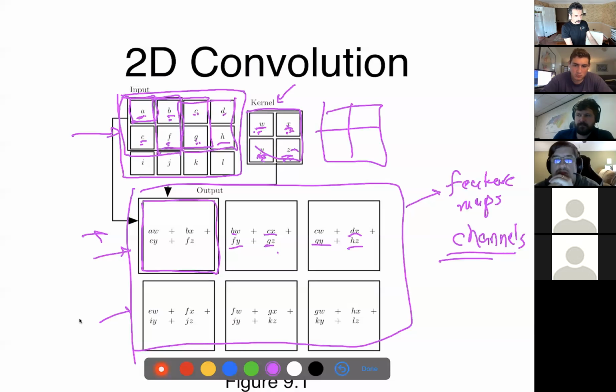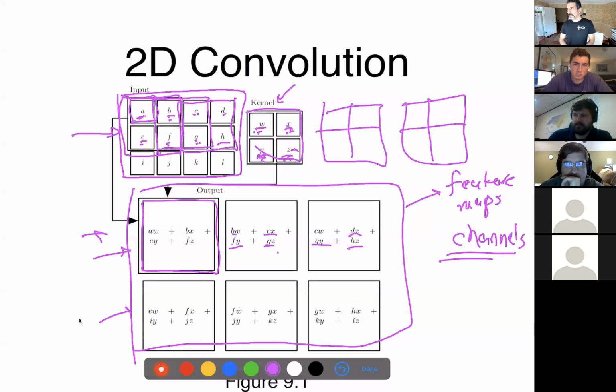If you want to have 3 feature maps, you have then a third kernel, right? So basically, typically, for example, you can think that in the first layer, input is 3 channels, and then you make it like 32, for example, feature maps, and then 64, and so on.